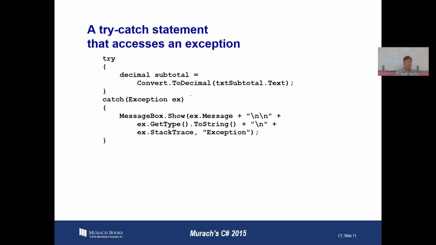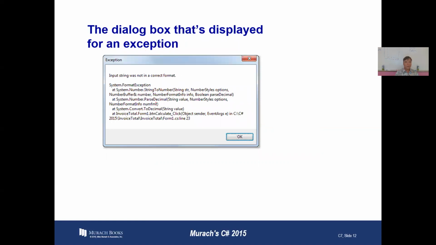So, for example, here, this is the TryCatch statement that actually accesses the exception object that is returned. Why? Because you may want to grab the type of exception it was, and then you might want to locate exactly where it occurred, so you output the stack trace, and you can see all the methods that were called all the way down to where the exception occurred. So here's an example.